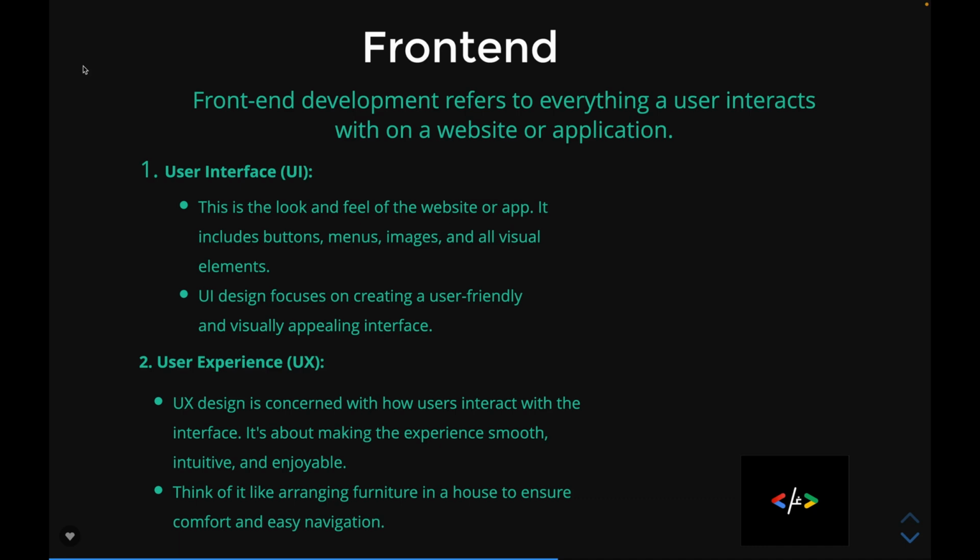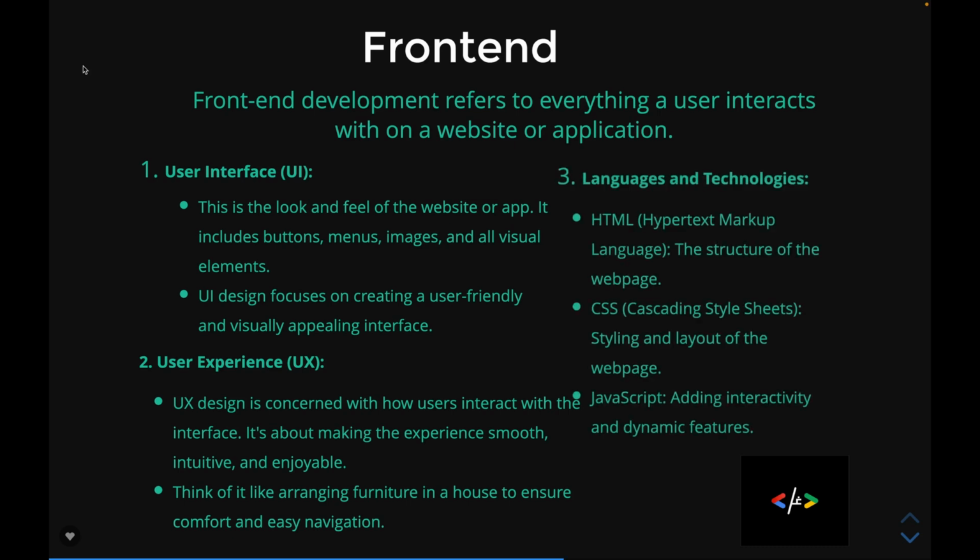You may have all that furniture arranged haphazardly, so that if you want to find your way to the kitchen, you need to go like this and go like this. That's a bad user experience. Even though it may be visually appealing, like the stack of furniture may be beautiful to you, you won't have a smooth experience. So the UI is there but doesn't have the user experience.